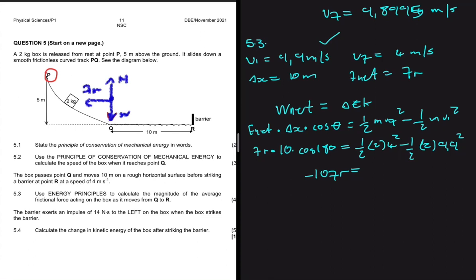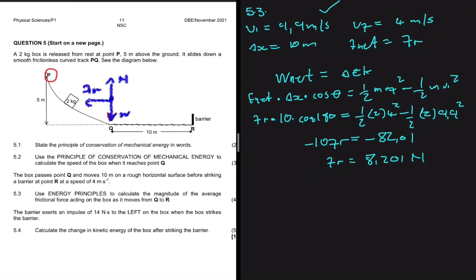So if we solve the right hand side, we're gonna get minus 82.01, and then if we divide that by minus 10 in attempt to find Fr, we're gonna get the frictional force being equals to 8.201 newtons. Right, so that is 5.3.